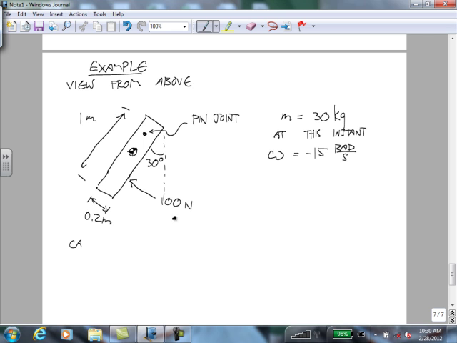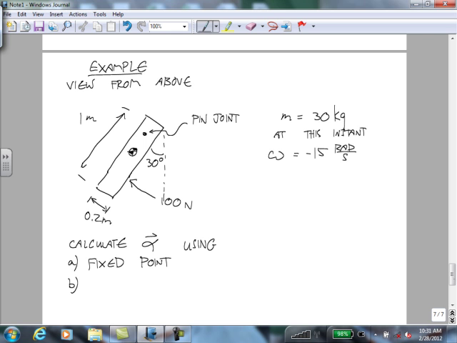And say that there is a force at the midpoint here between the center and the end of 100 newtons. And we want to calculate the angular acceleration vector using the fact that there is one of these fixed points. Okay, there's a point that's fixed on the body. Its location in the body isn't moving, right?